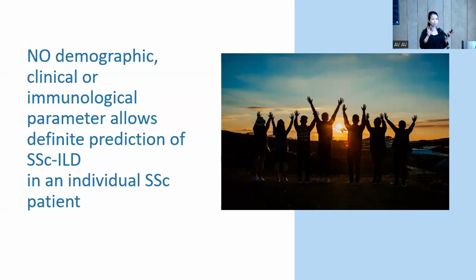All these can mask the symptoms. So it's very difficult to detect at the early stages, or even predict who is likely to get this condition. And it's been stated that there is no demographic, clinical, or immunological parameter that allows us to definitively predict who amongst our systemic sclerosis patients will get interstitial lung disease.